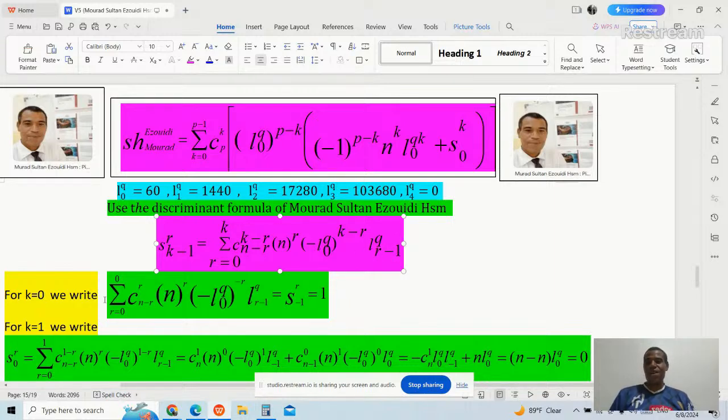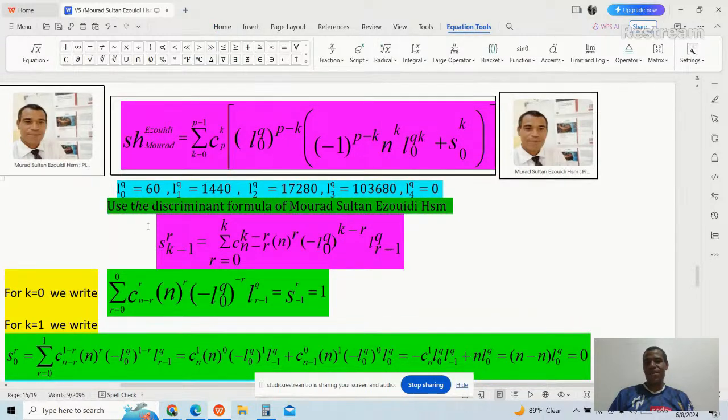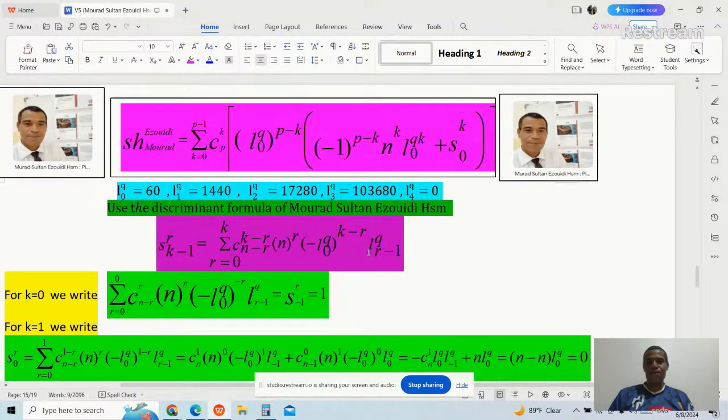So therefore, learners, I'll use this, after your permission of course. Now I'm going to set k equals 0. We write S_{-1} of order r is 1. This is by convention, because the sum from 0 to 0 of this value is 1.